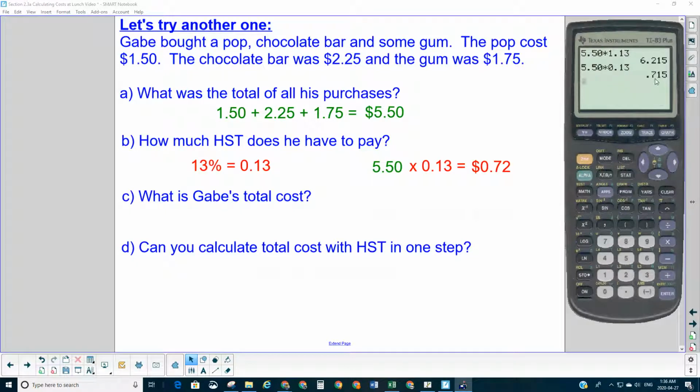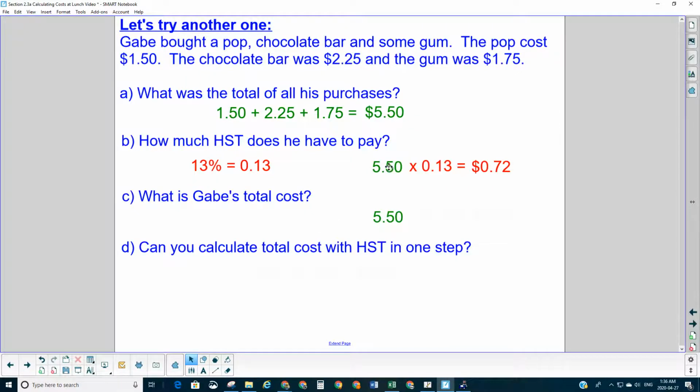And we'll get 0.715, and the 5 rounds the one up to a 2. So it's 72 cents. Sorry about that. And then, of course, if we take the total cost, then it'll be the $5.50 plus the 72 cents in HST, and we get $6.22, which is what I actually accidentally did already in one step, multiplying by 1.13, we get $6.22.